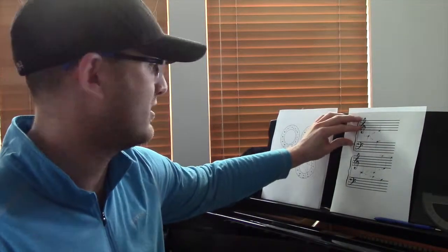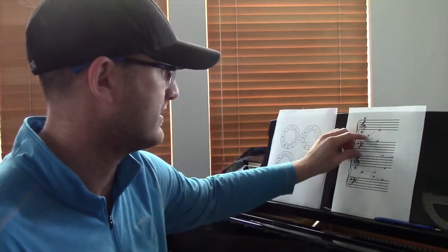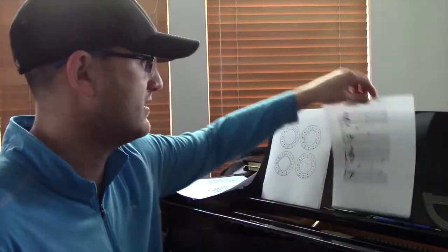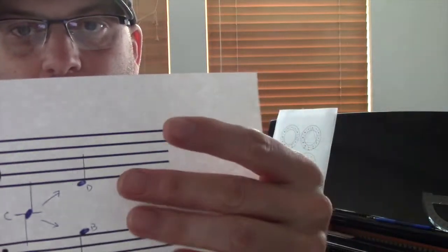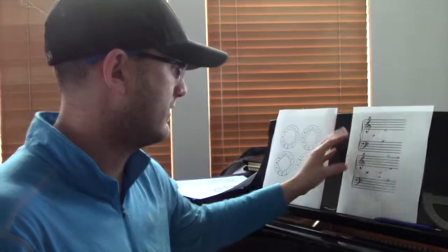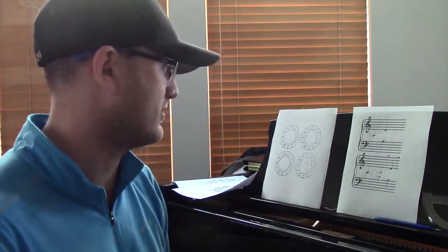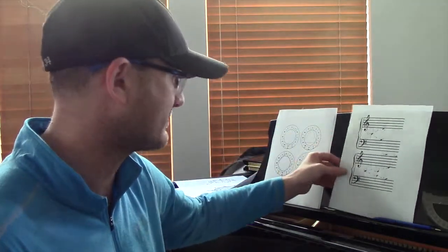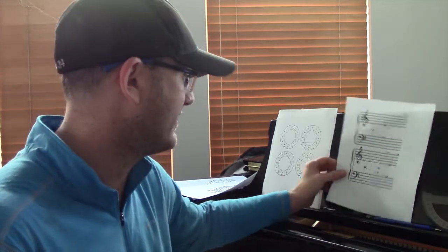The grand staff, as you know, treble clef and bass clef, they decided to come up with middle C, at least this is what we're told, by splitting the grand staff in half, sticking the note there, and saying that's the middle C. So if you go up from middle C, you're going to end up with D, and if you go down from middle C, you'll end up with B, thereby giving this eternal curse to everyone who learns piano or learns an instrument in one clef and can't read in the other clef, because all the notes in the bass clef are different than the treble clef, at least most of them. If they would have made it middle B instead, then you wouldn't have had this issue.